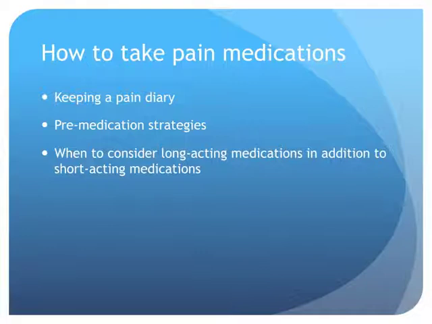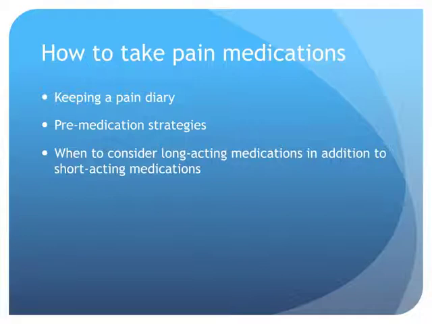So it's reasonable to actually say, I'm going to preempt that by taking my pain medication 20 or 30 minutes prior to going through that activity so that I don't have a big flare of pain. And sometimes by doing so, you can decrease the amount of pain medication you normally would have used to treat that flare.